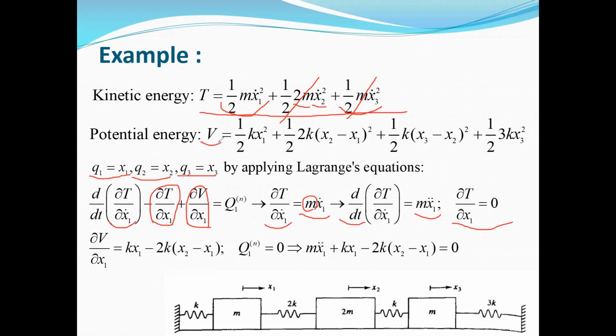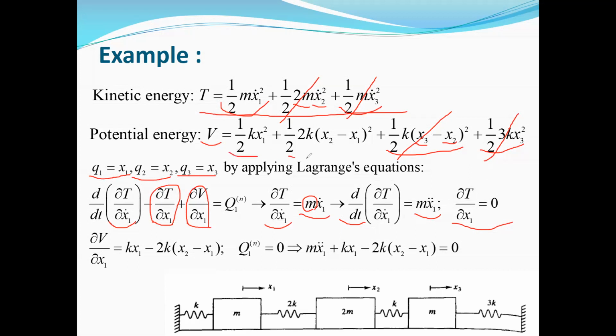Here, this is the potential energy. When you want to calculate the partial with respect to x1, the other terms will be considered constant. For example, this term, which includes x3 and x2, will be considered as a constant value. So the derivative of this term with respect to x1 is 0. And again, this term, which is a function of x3, again will be 0 because we are calculating the partial with respect to x1.